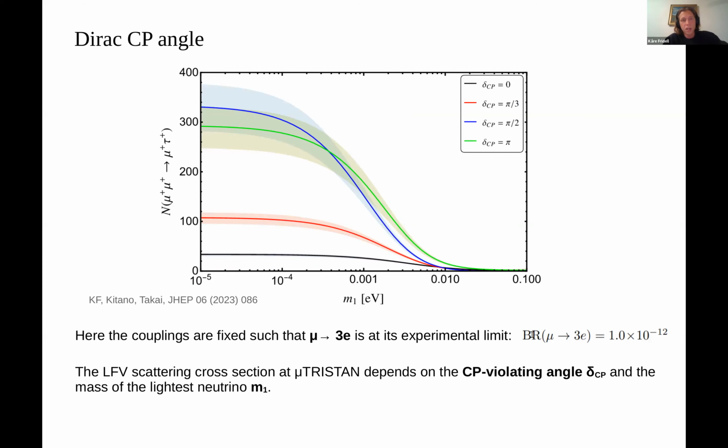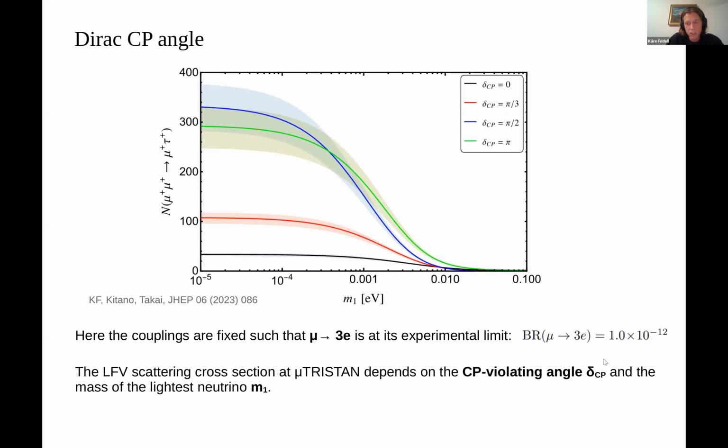Now, coming to the CP violating Dirac angle, we can see here that the number of events you would expect at mu-Tristan varies highly depending on the value of this parameter. In this plot, we have fixed the new physics scale such that it generates the mu to 3e decay at its experimental limit.